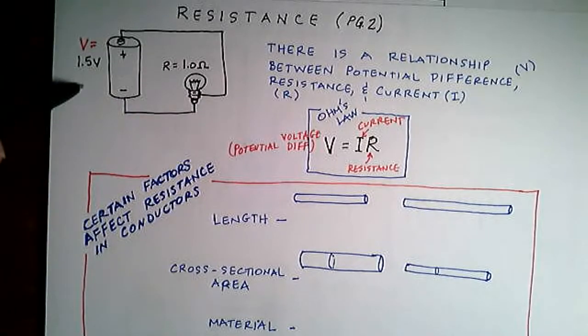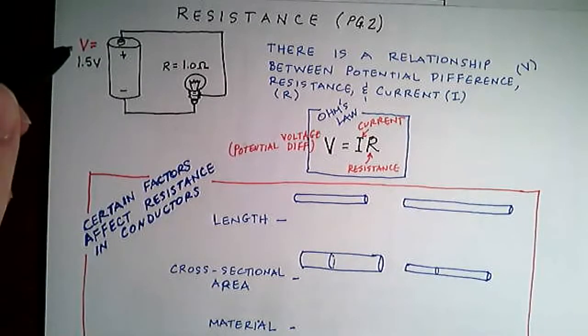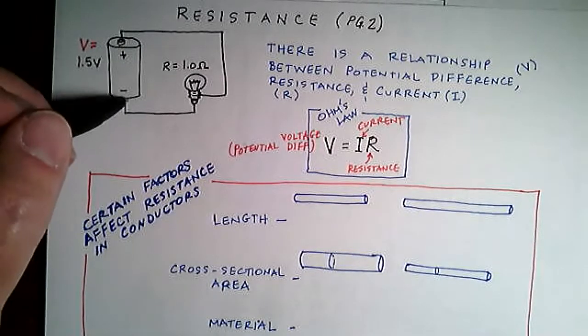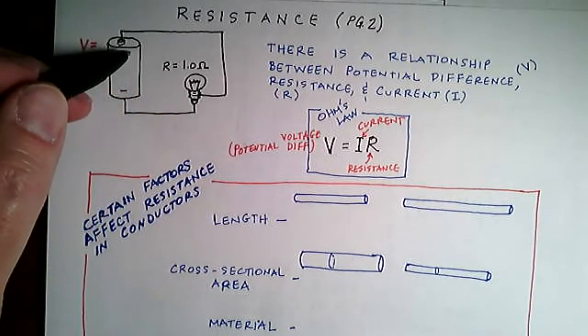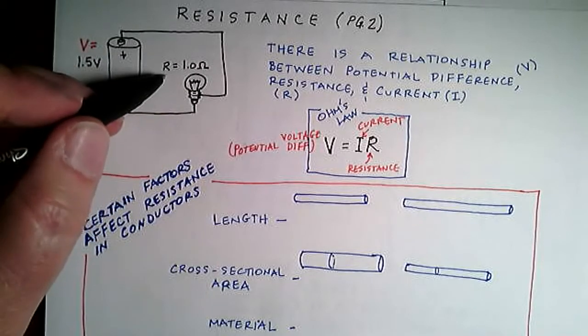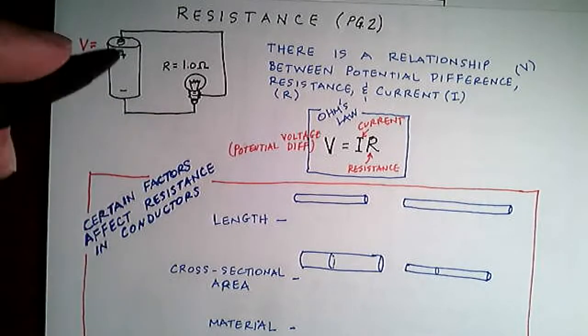Now, what if I put more force on it? What if my push was bigger? My potential difference, instead of 1.5 volts, it was 3 volts. Well, if I were to double the potential difference, the push is greater, I'm going to be able to move more current at the same resistance, okay? If I push harder, I'm going to move more water.